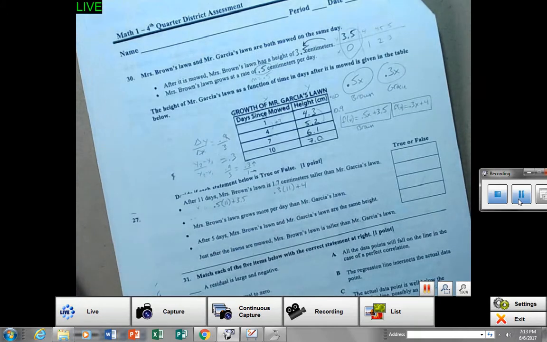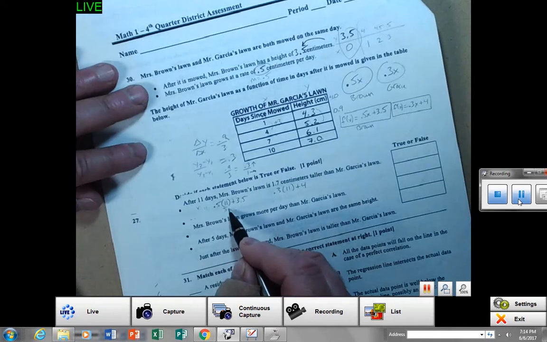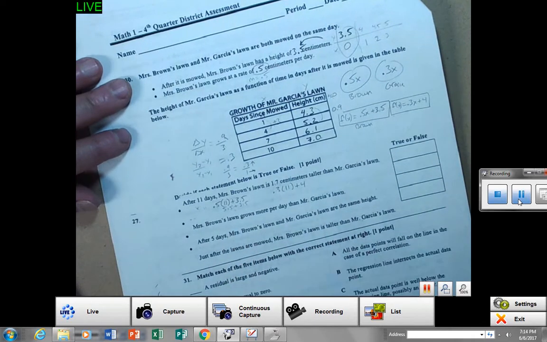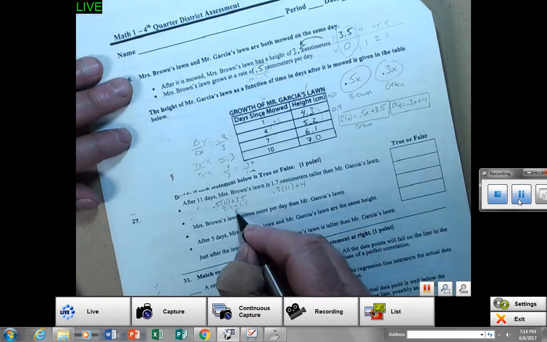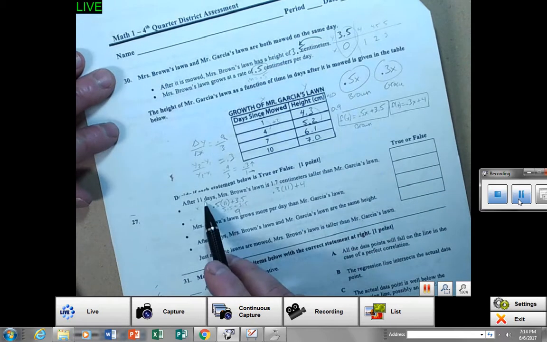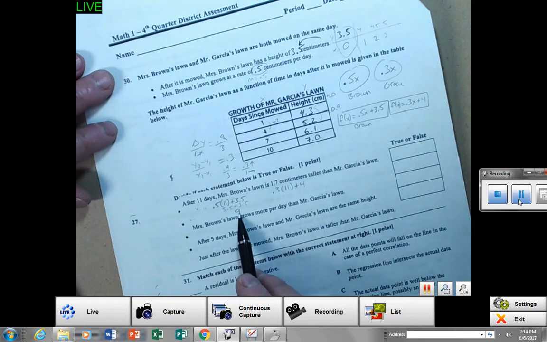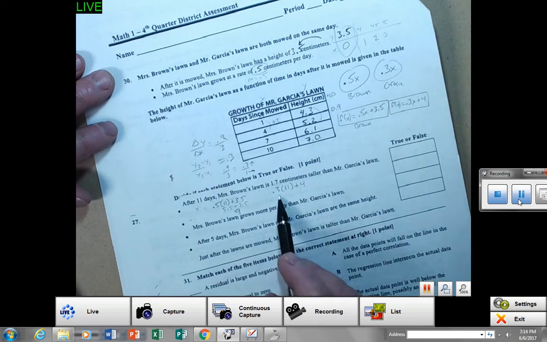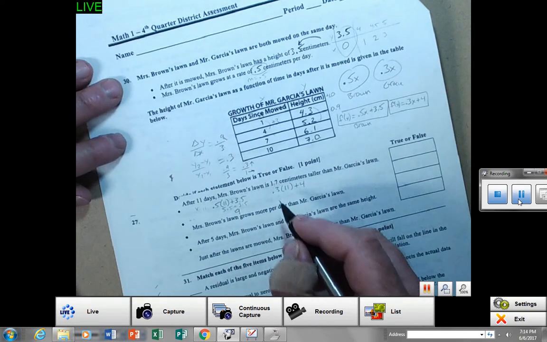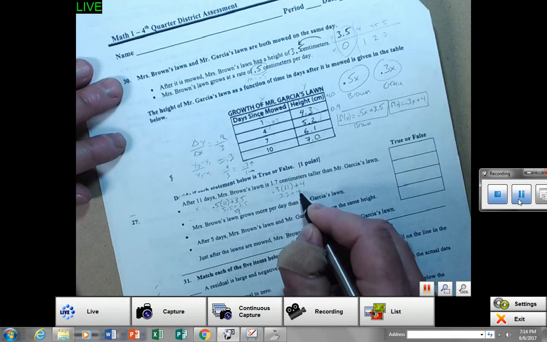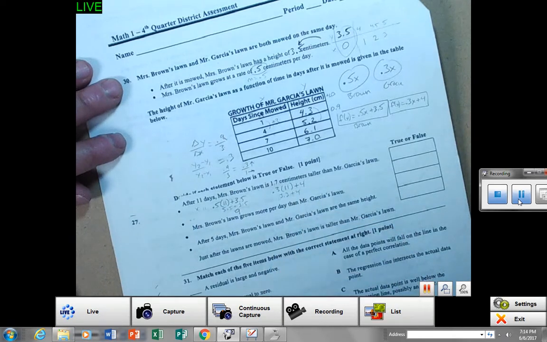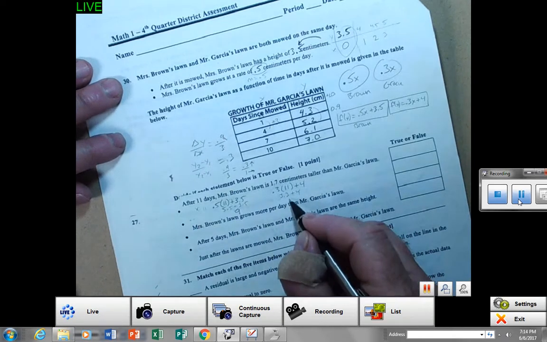So 0.5 times 11 equals 5.5 plus 3.5 gives me 9. So after 11 days, his lawn is 9 centimeters tall. After 11 days, Mr. Garcia, 0.3 times 11 is 3.3 plus 4 gives me 7.3.